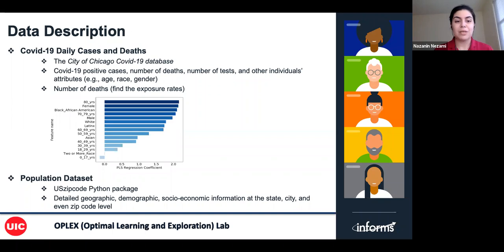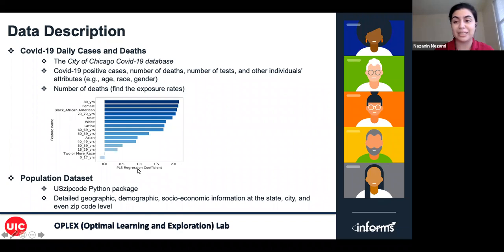We also picked the number of deaths over positive cases and tests to calculate the exposure rates for different demographic groups, because we think it can reveal the disparities among different demographic groups in a better manner.